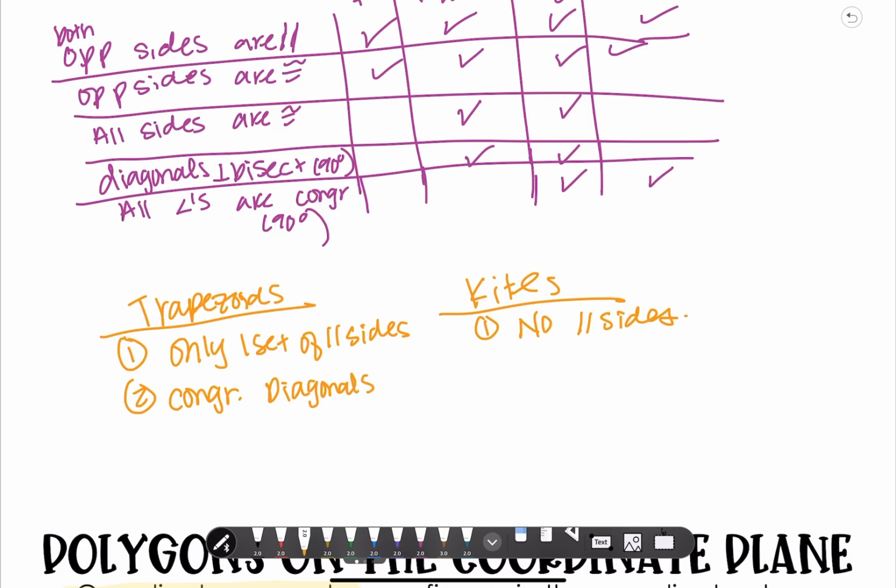First, you always check for slope. And that's what we're about to do on example 2. And then afterwards, to confirm, you're going to typically have to check for lengths, or in the case of kites, you're going to have to check if you have perpendicular diagonals.